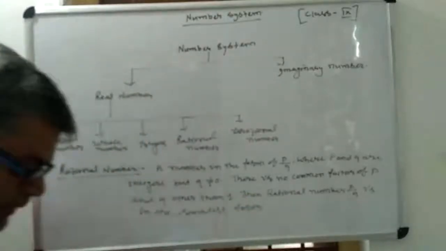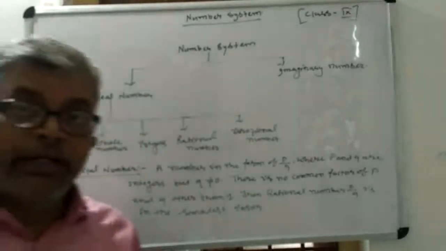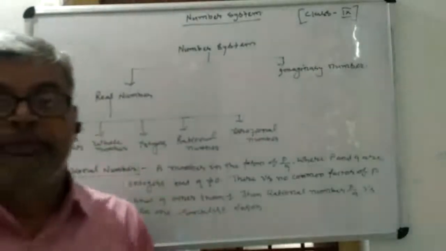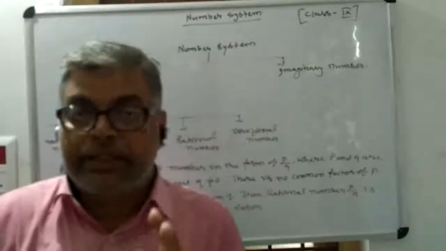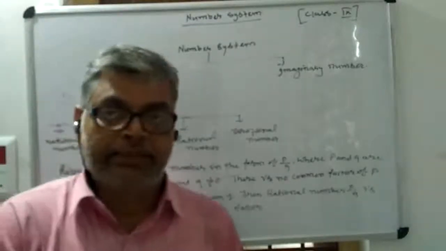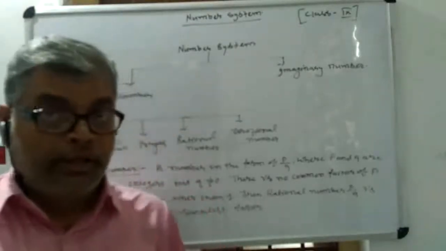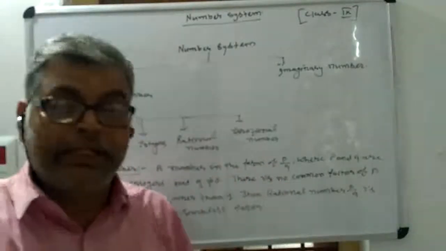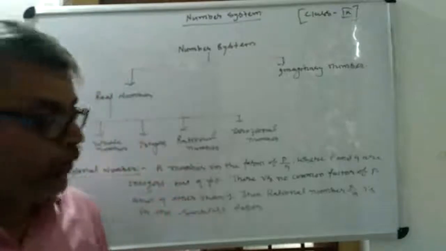It means that a rational number is such a number which can be written in the form of p by q, where p and q are integers. But the condition is that q, which is in the denominator, is not equal to 0.